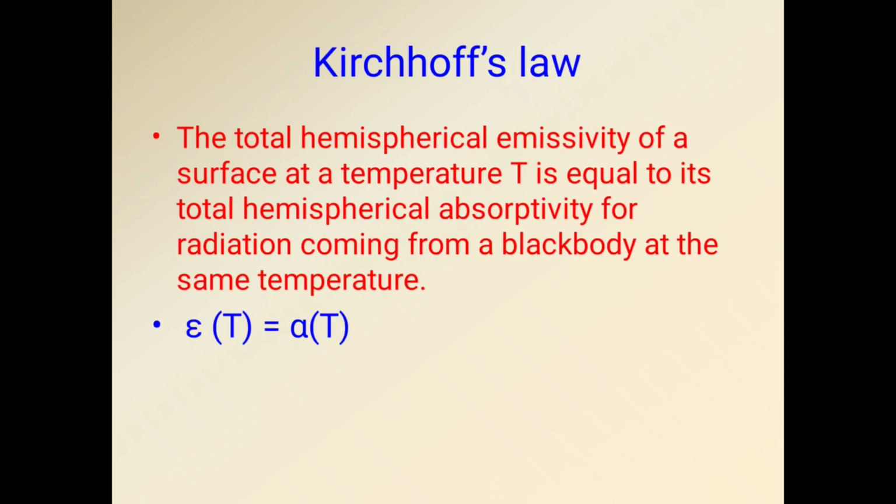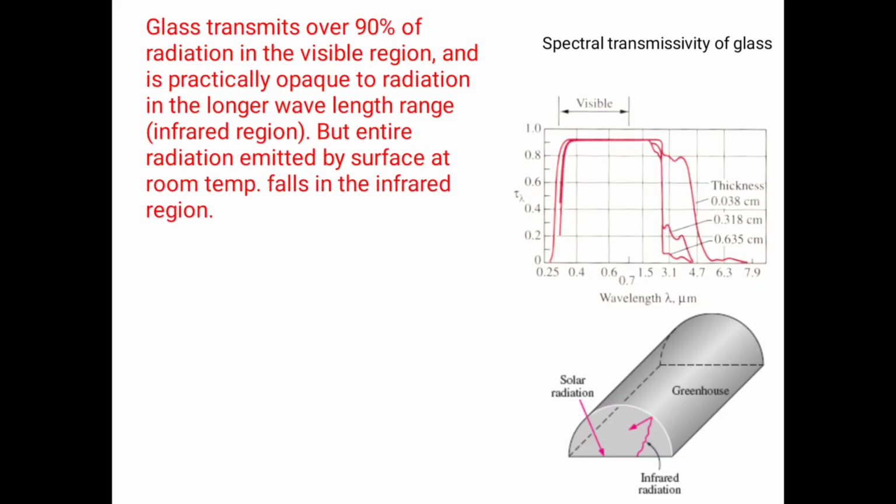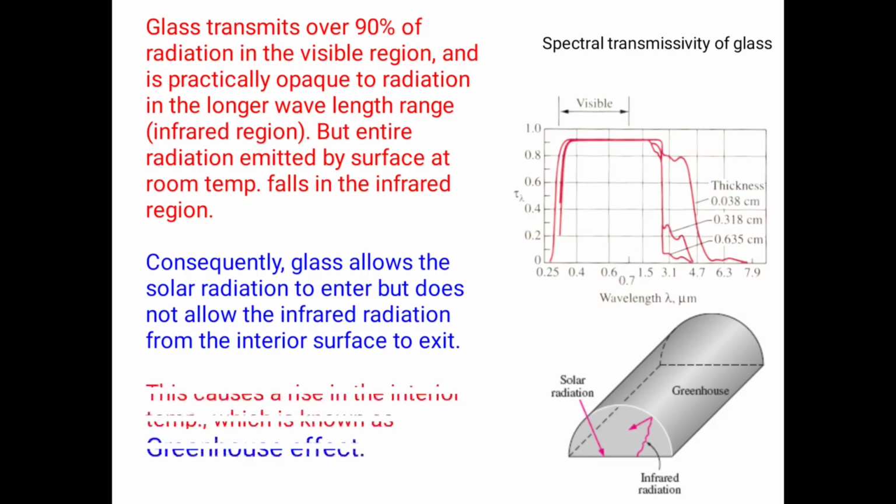The emissivity at T is equal to alpha at T. In this, glass transmits over 90% of radiation in the visible region, and it is practically opaque to radiation in the longer wavelength range, but the radiation emitted by a surface at room temperature falls in the infrared region. Glass allows the solar radiation to enter but does not allow the infrared radiation from the interior surface to exit. This causes a rise in interior temperature, known as the greenhouse effect.